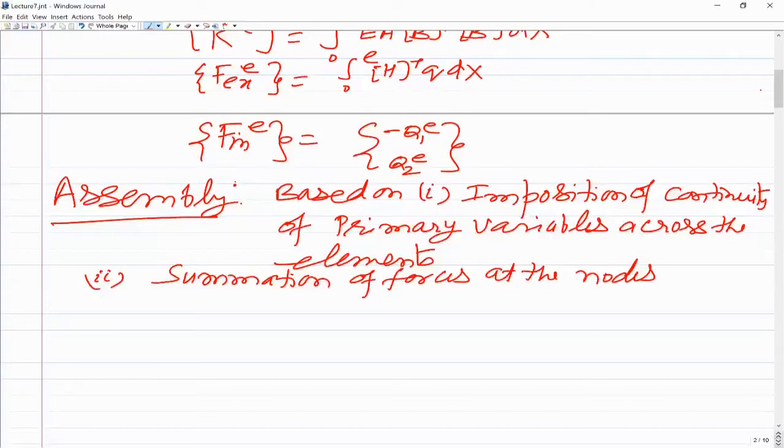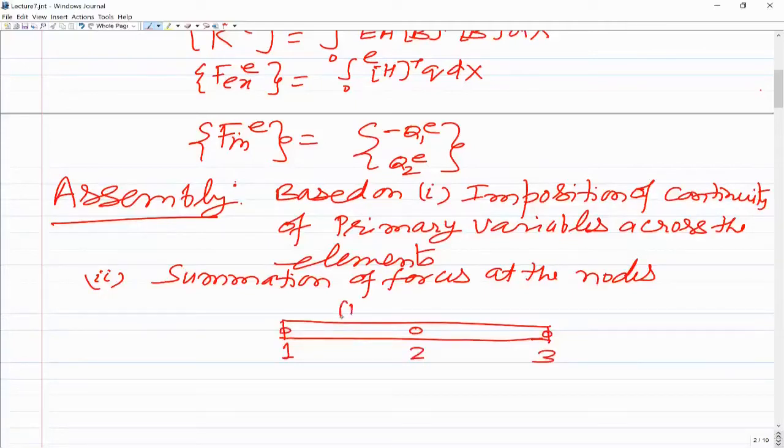To demonstrate this assembly, I am going to take a simpler case. Let us take a truss, a rod under axial load, which is discretized only into say two elements. So this is the total discretization. This is the global node number 1, 2 and 3.